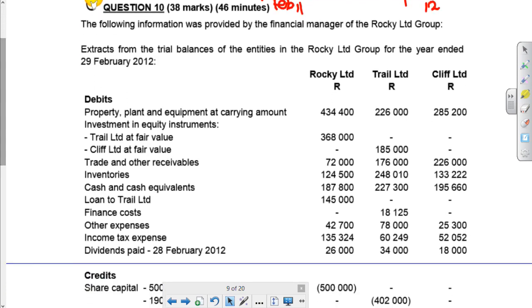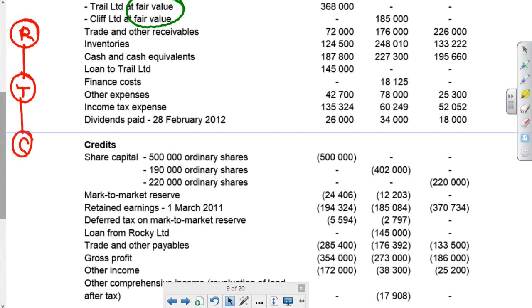So I can see that there's a company called Rocky that owns shares in a company called Trail, and Trail owns shares in a company called Cliff. Do you agree? I have a vertical group of one kind or another. The other thing I can see is that it says the investments are at fair value, which makes me think that there must be a mark to market. And when I look down, there is in fact a mark to market, and there's a deferred tax on the mark to market.